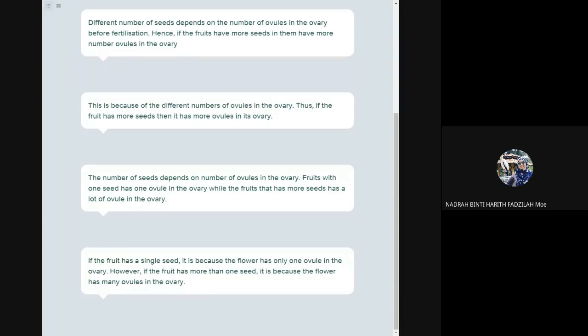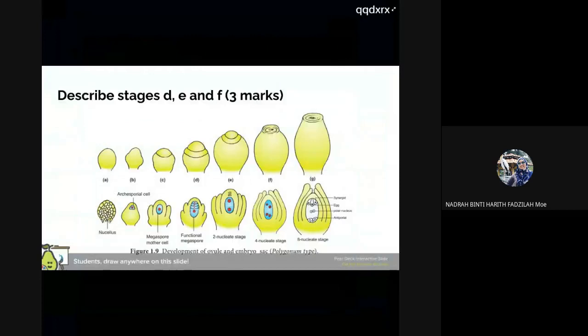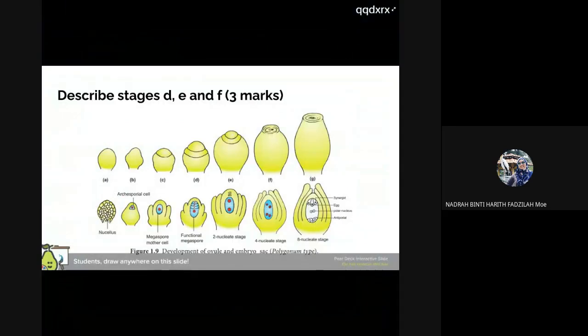Very good. Okay. When I review our last class, one of you mentioned about what was hard tu, dia kata dekat formation of embryo sac. So kita review sikit je pasal formation of embryo sac. So this is a diagram depicting the development of ovule and embryo sac.